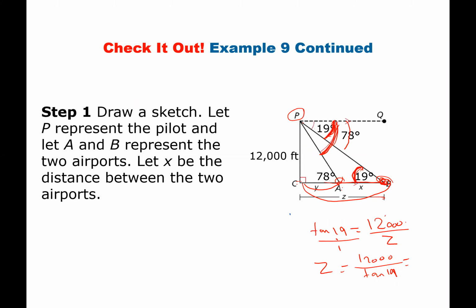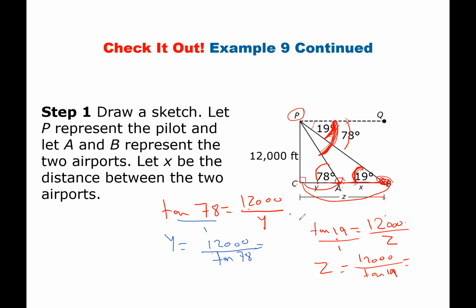Okay, the other one for point A, this angle is the angle of depression, equal to the alternate angle, which is 78. To find Y, use tan 78. Tan 78 is 12,000 divided by Y. Then Y will be 12,000 divided by tan 78.